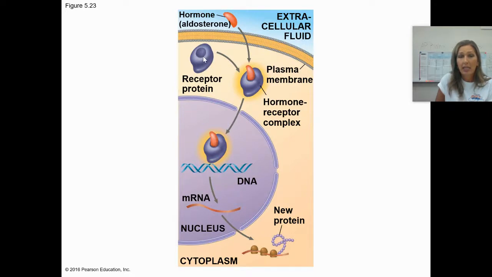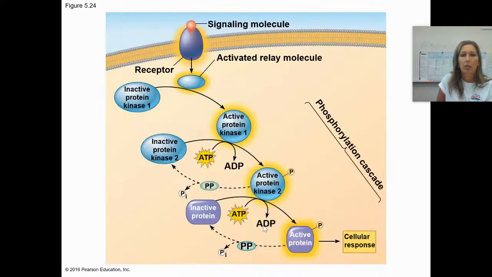That receptor protein could be out in the cytosol, or it could be inside the nucleus. But it still has to match up to the receptor protein in order to initiate transduction and then the response. Here we're seeing that the response is to initiate transcription, to copy that DNA into messenger RNA in order to start protein production.